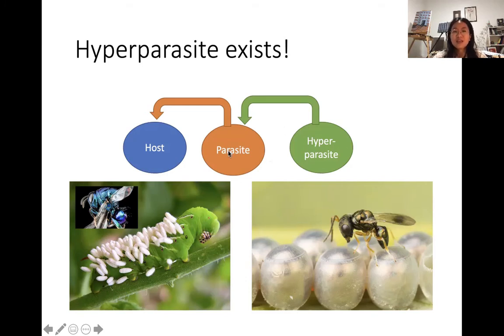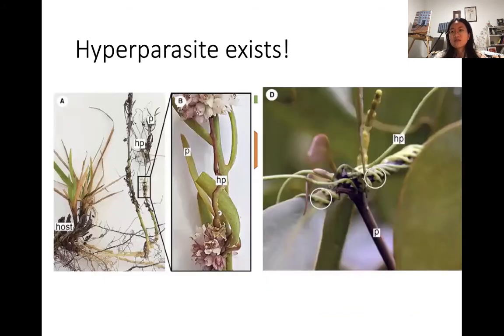So they form a tritrophic level relationship. And a similarly complicated multi-trophic relationship can also apply to parasitic plants.